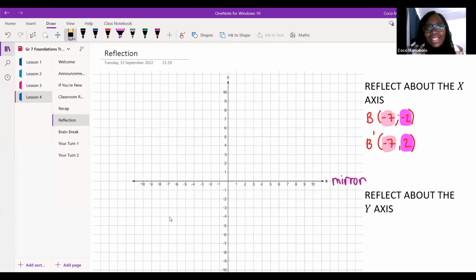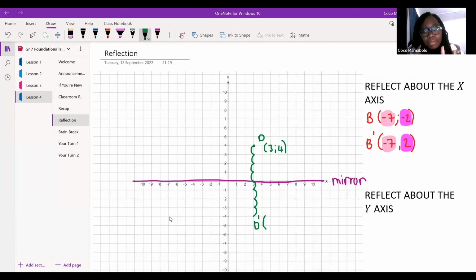If my X line is my mirror, if I have D over here, and D over here is 3 and 4, if my Y value is 4 away, in order for me to draw the other one, I have to count 1, 2, 3, 4. So my value for D prime is going to be, my X value will be exactly the same.